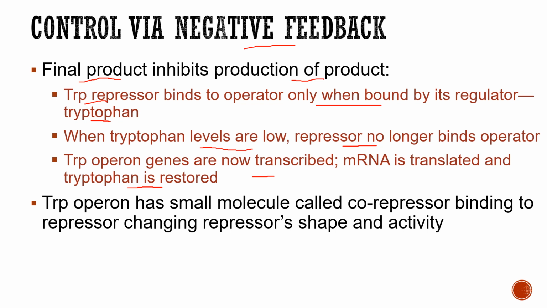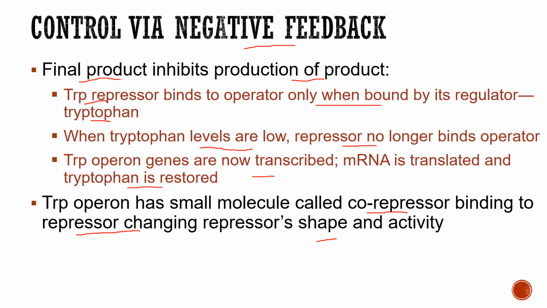So as tryptophan increases, it binds to the repressor. It's called a co-repressor. It binds and now the repressor changes shape and is able to bind and prevent transcription. And so back to our enzymes, this is how allosteric enzymes work. Remember, a regulatory molecule, in this case tryptophan, attaches to a protein and changes its shape.